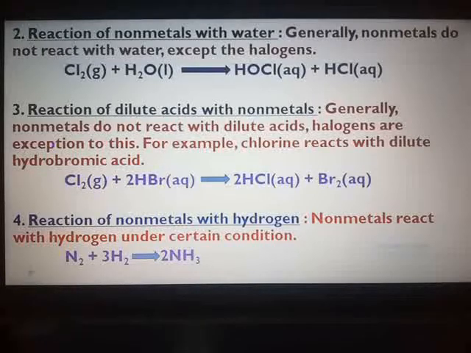Then write reaction of metals with oxygen, reaction of non-metals with oxygen, reaction of metals with water, reaction of non-metals with water, then with acids. This way you prepare the chart, write all the reactions below it, and then every day go through the reactions. Then your first part will be ready for the exam. Don't mug up. Prepare the reactions. Try to balance on your own.